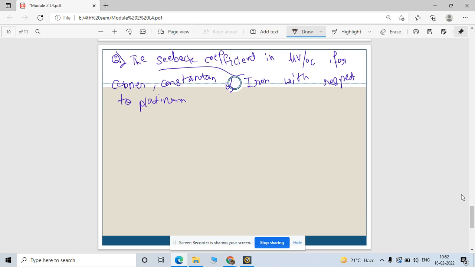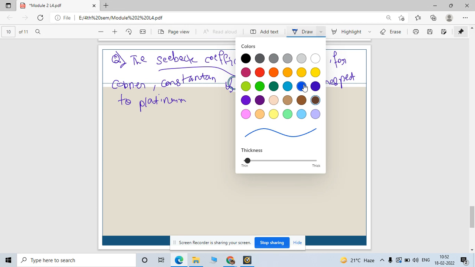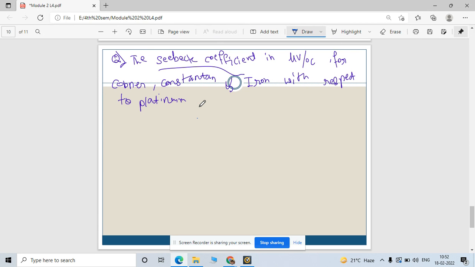Now, for this platinum, the values are 1.9, minus 38.3 and 13.3 respectively.